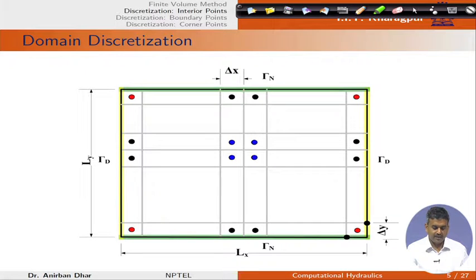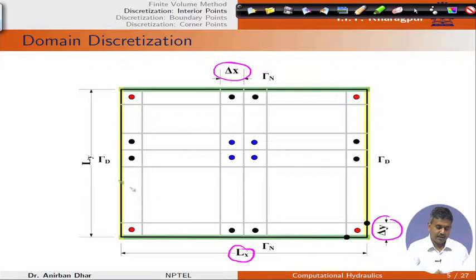Domain discretization is somewhat different from our finite difference approach. In the finite difference case, we considered these as nodes, but in this case we will consider cell centers for discretization of the domain. We can divide it into a number of cells, and the cell size in x direction and y direction we can represent with del x and del y.